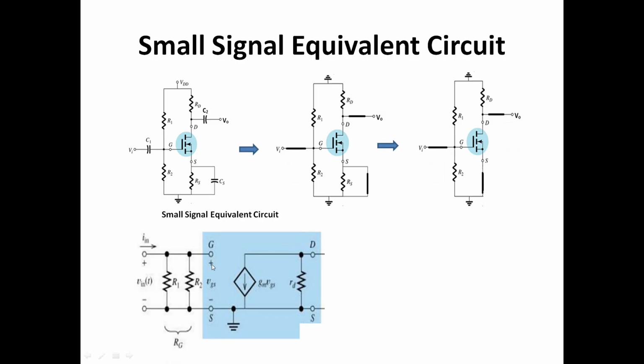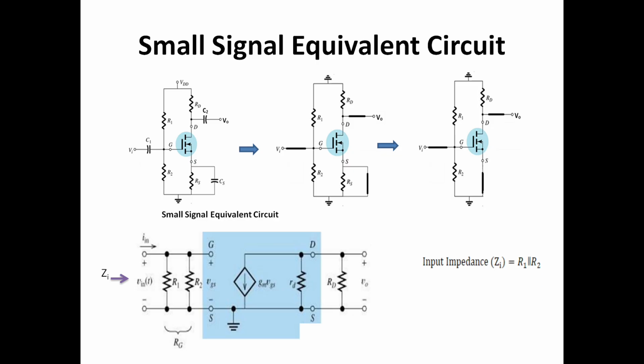So R1 and R2 become parallel to each other, and the drain terminal is connected to ground with an rd. So this rd will come across between the drain and ground terminal. This is the equivalent small signal circuit.